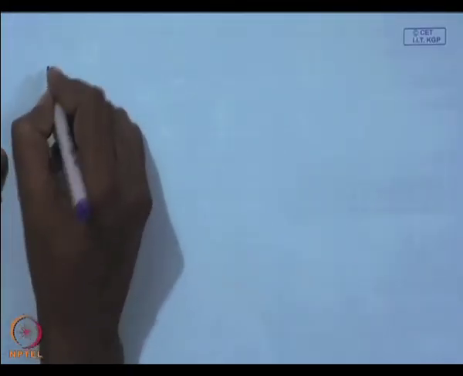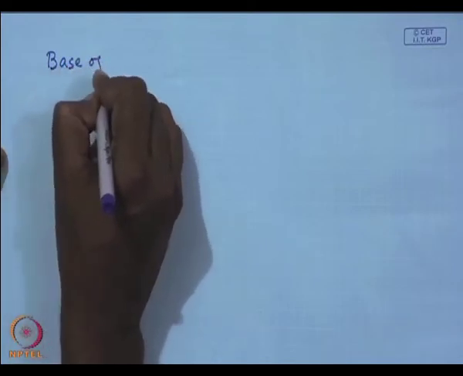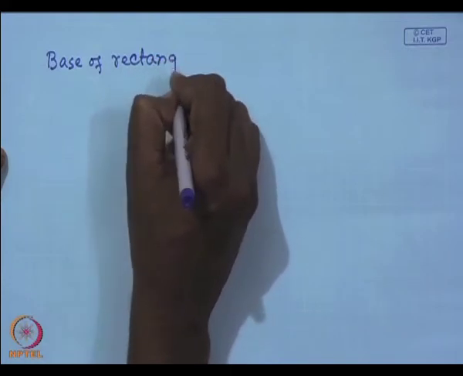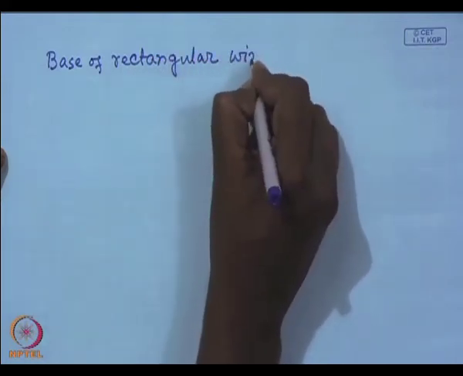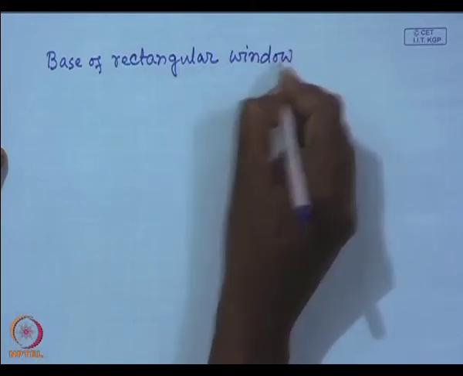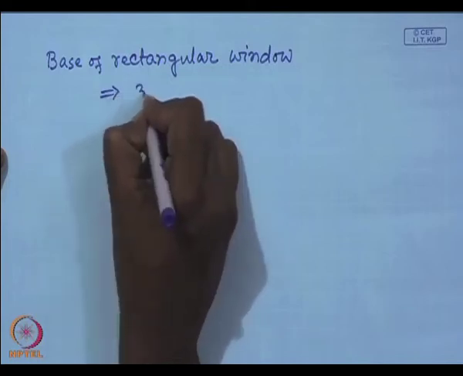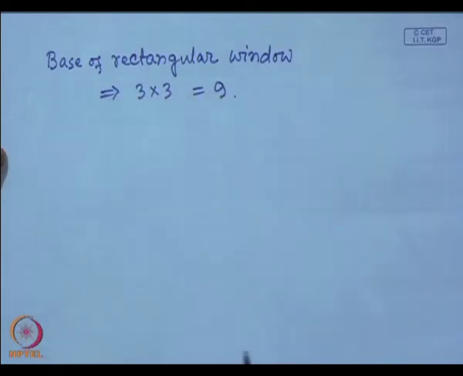So, the base of the rectangular window is 3 by 3, that is area is equal to 9.